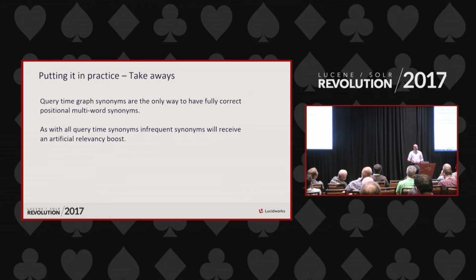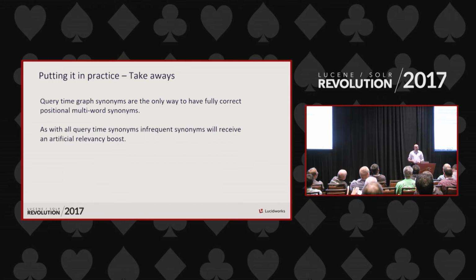Now, if the target for my search are clinicians, they're probably interested in those technical documents, so that might be a nice, happy coincidence. On the other hand, if my search was targeted towards patients, those technical documents maybe aren't so helpful to a patient. And really, just documents talking about stroke would be more beneficial. So that's why that boosting that comes from rare synonyms may or may not be a problem, depending on your use case, but it's something you'll have to consider.